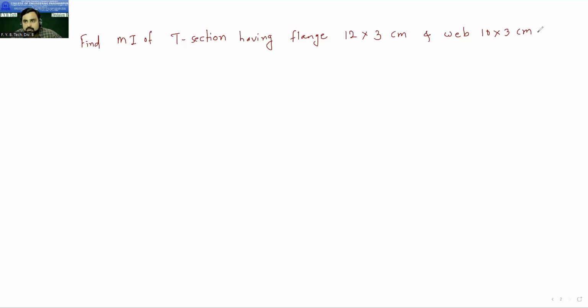Also find out the polar moment of inertia.